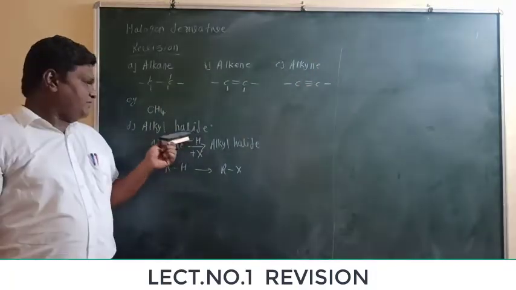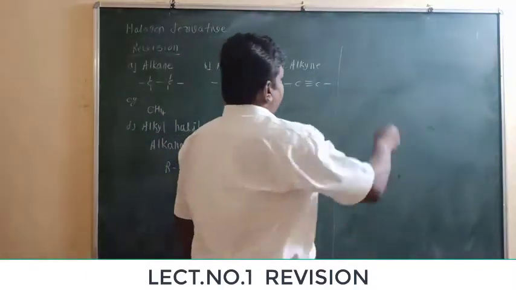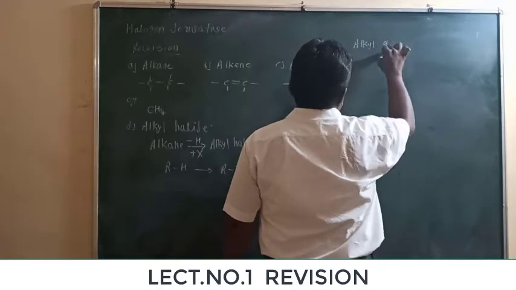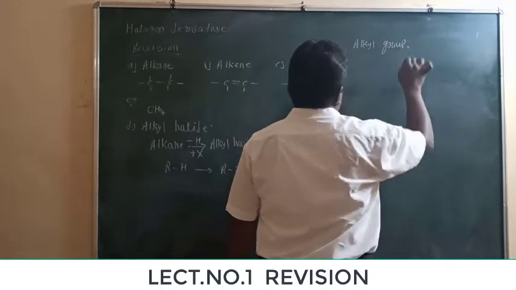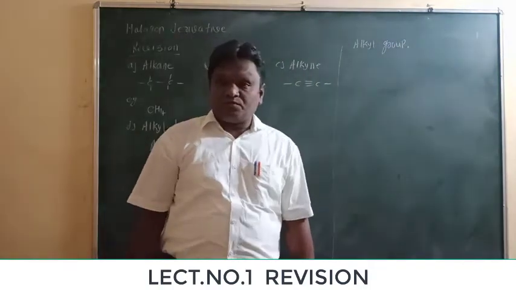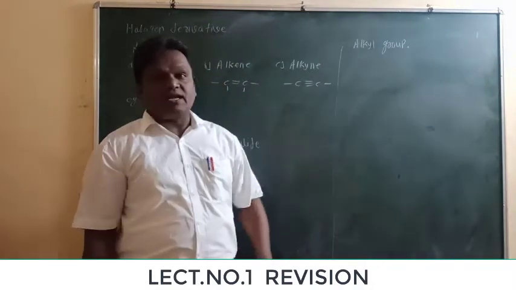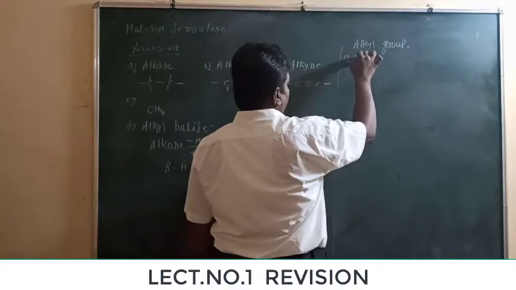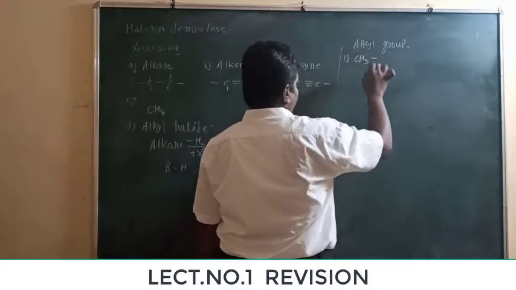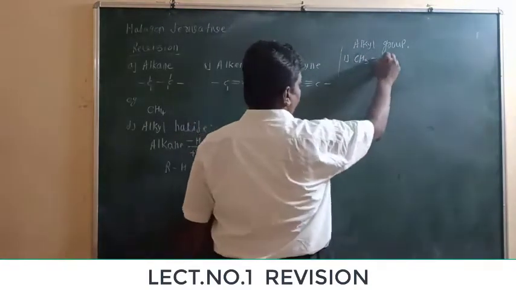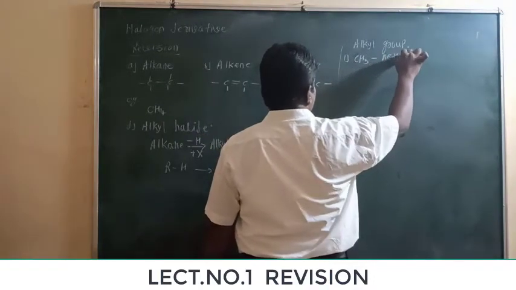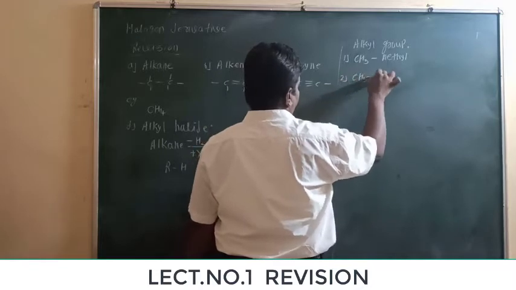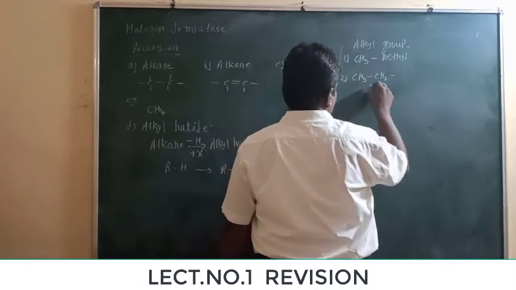We are going to see now different kinds of alkyl groups. Let's start with the first one. CH3. This is called a methyl group. Number 2, this is ethyl.